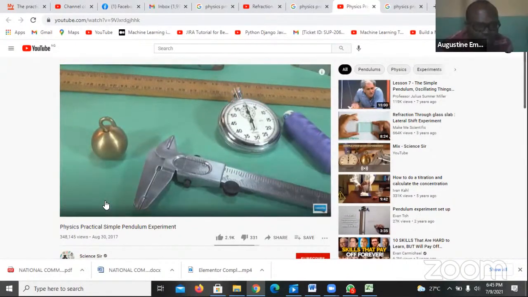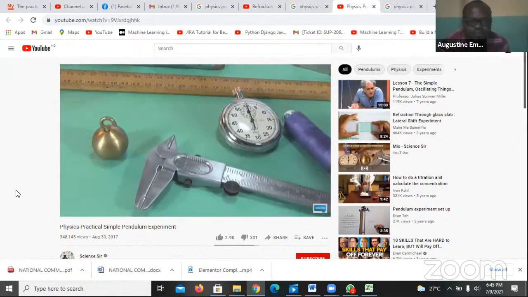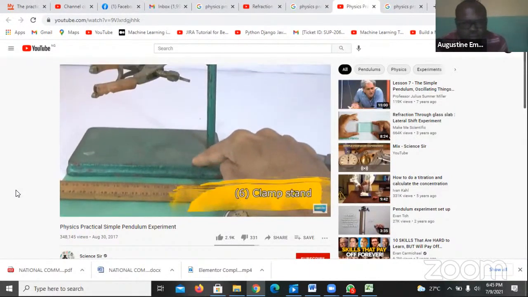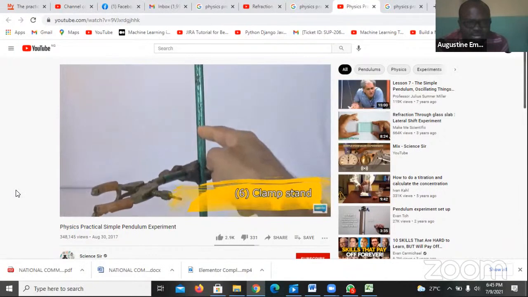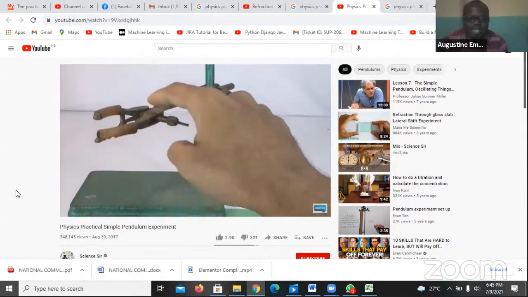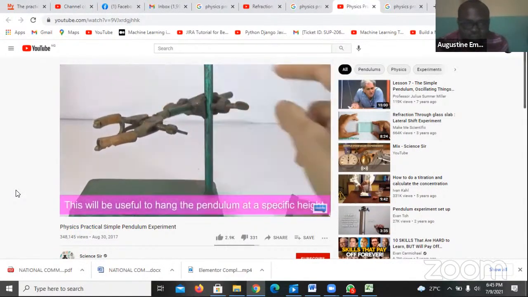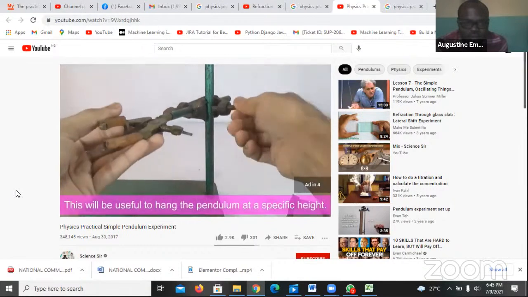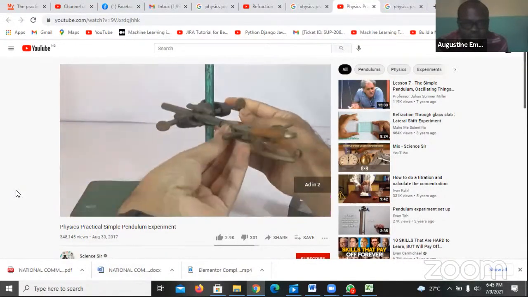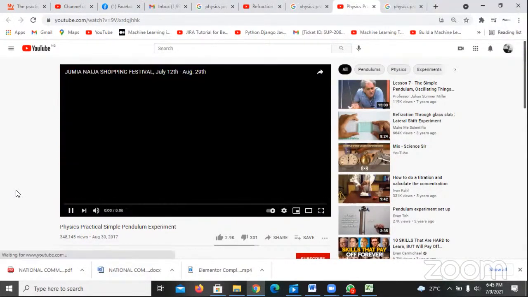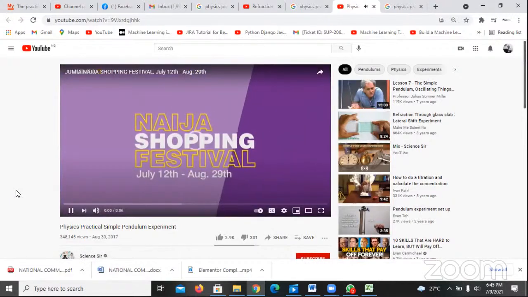Let me even play it. Okay, it doesn't have volume. So this is a clamp. Did they give you guys a clamp? Yes, sir, they give us. Okay.